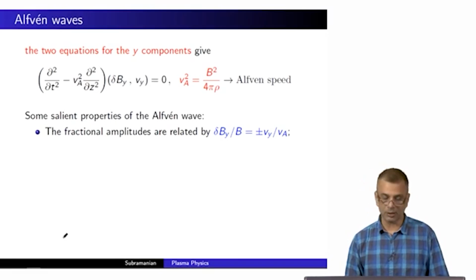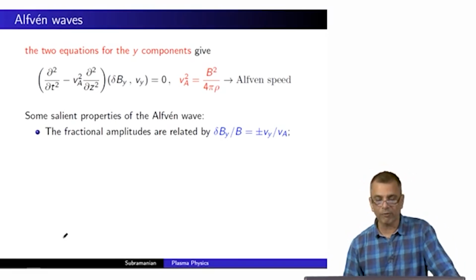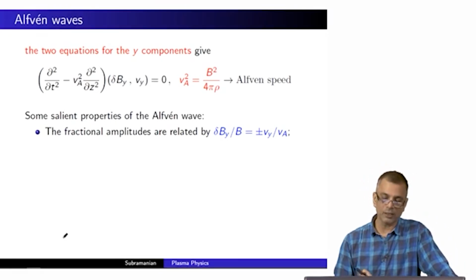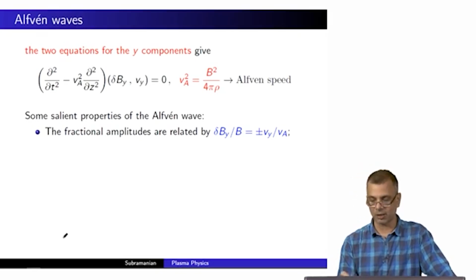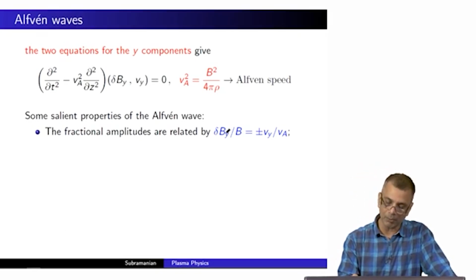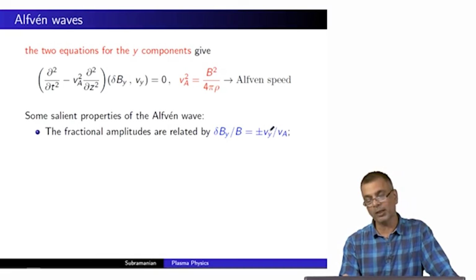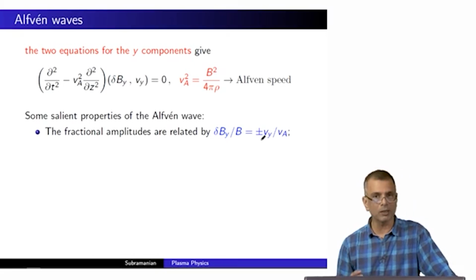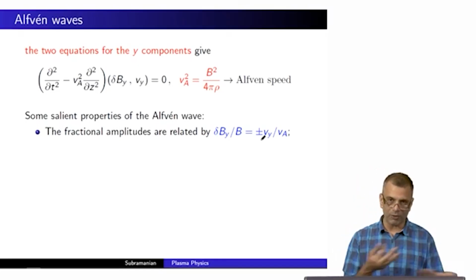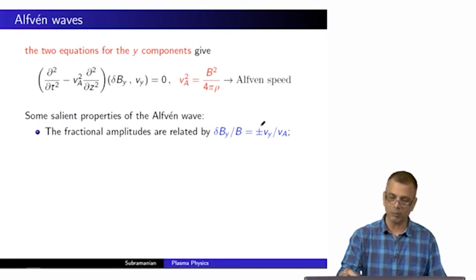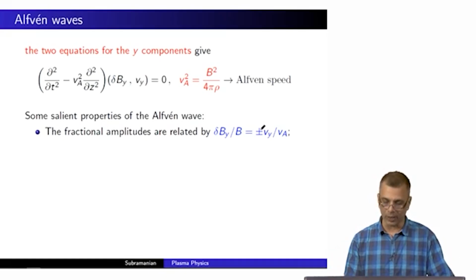Some other salient properties of the Alfven waves are that the fractional amplitudes are similar. In other words, delta By over B is the same as Vy. I simply write Vy because there's really no need to write delta Vy. There was no average V to start with, so the small Vy is indeed a delta quantity.